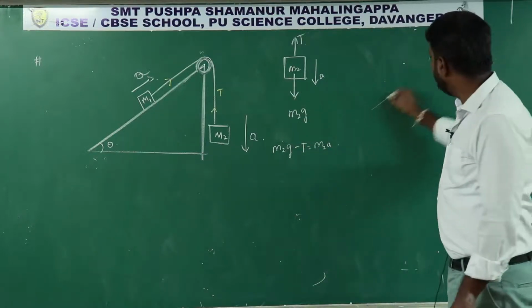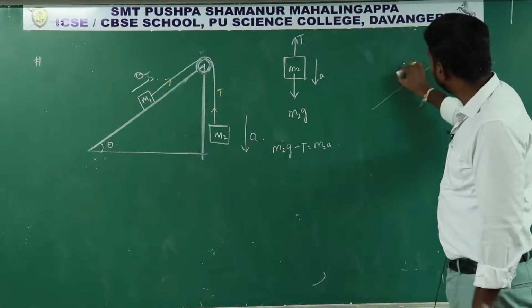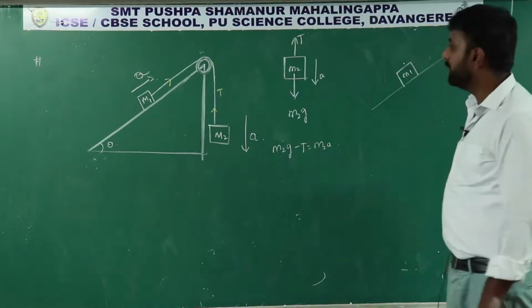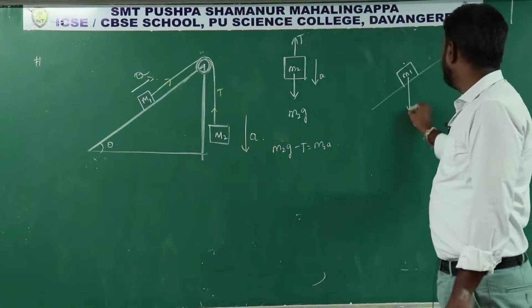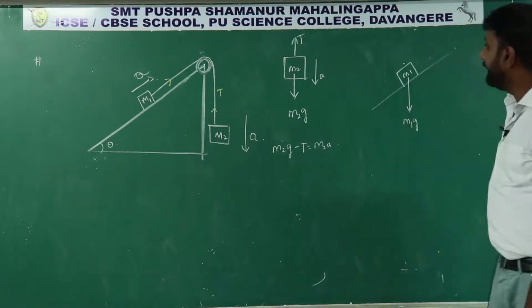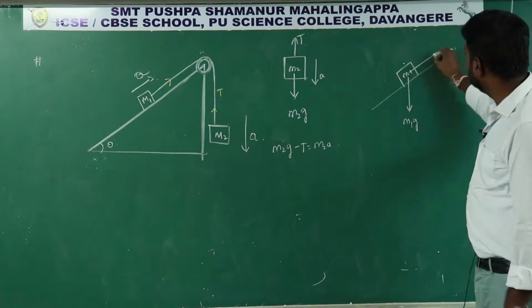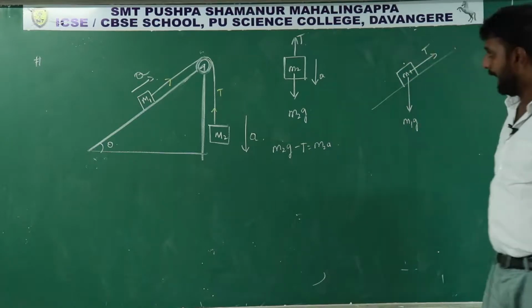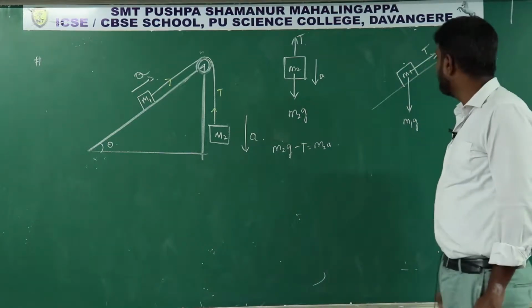And I will draw the free body diagram for block m1. This is mass m1. Here the weight will act downward, m1g, and in this direction the tension force is acting, isn't it?